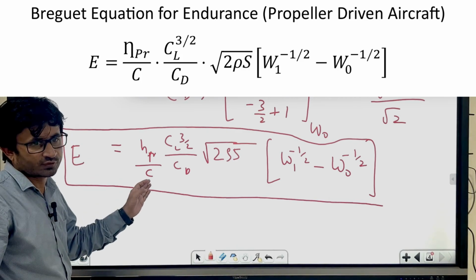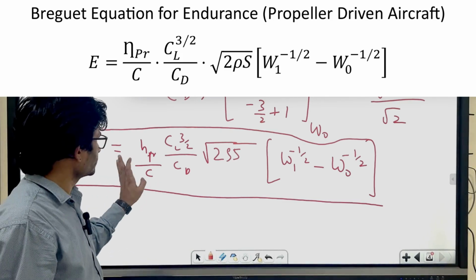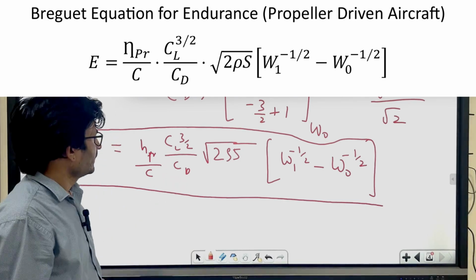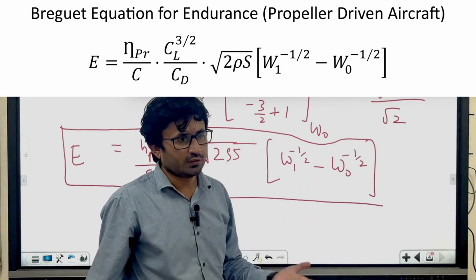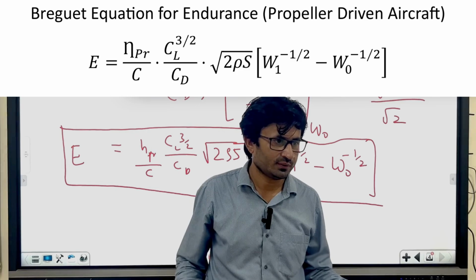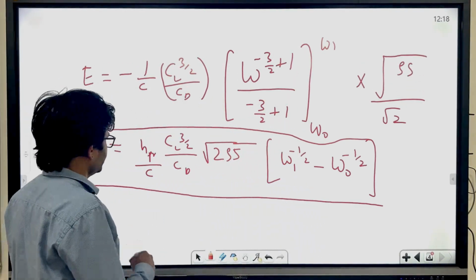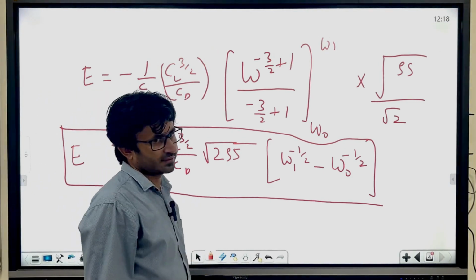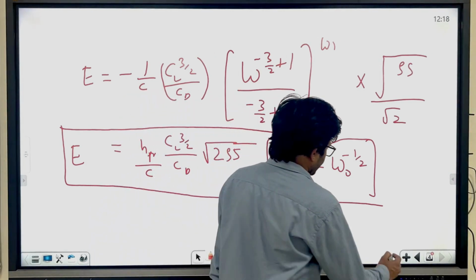If the specific fuel consumption is low, again endurance will increase. If this value is getting lower and lower, this value will keep on increasing. And if you carry a lot of fuel, you will have more endurance. Okay, so this is the range and endurance part for the jet powered aircraft and this propeller driven aircraft.